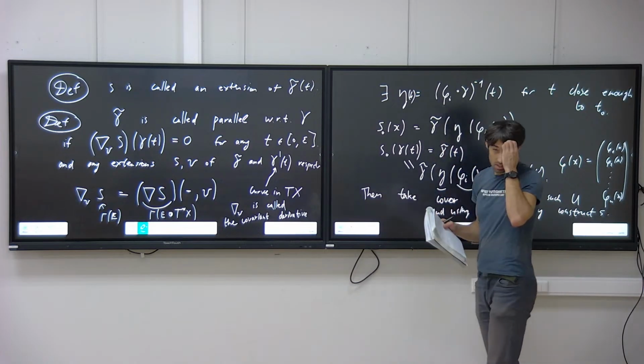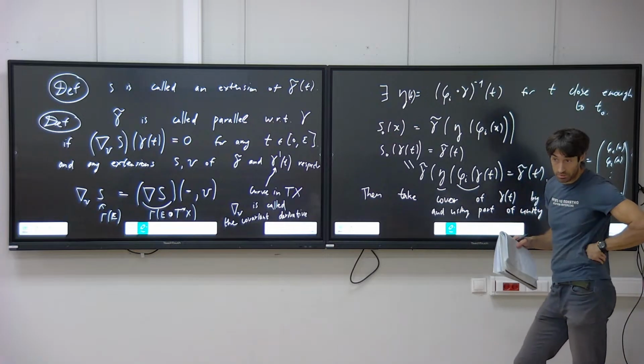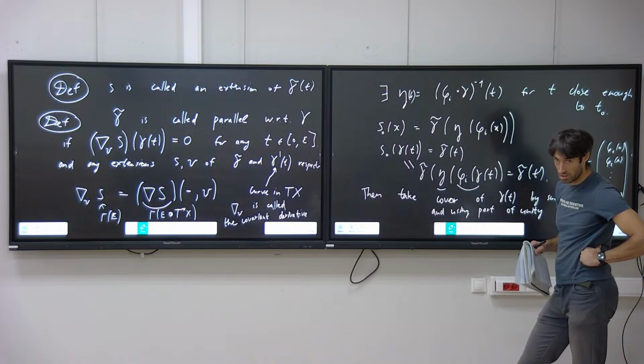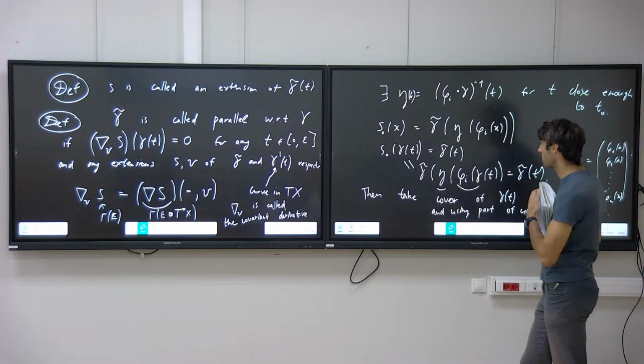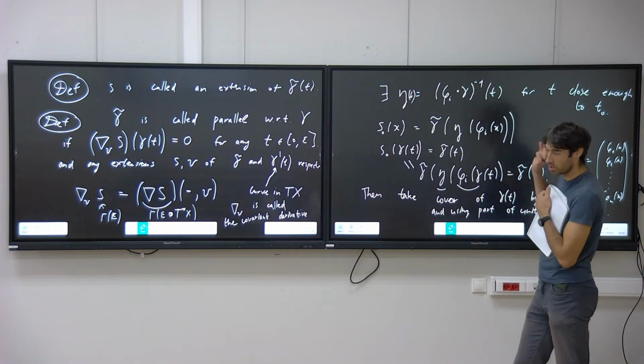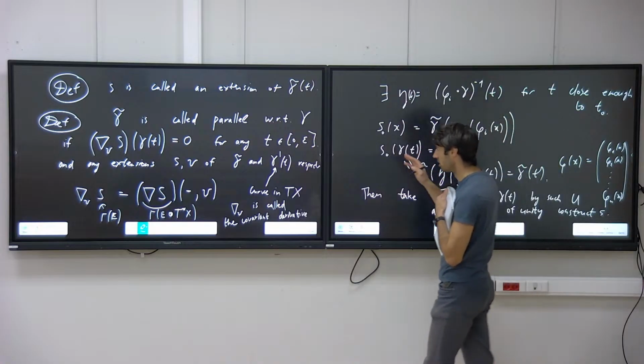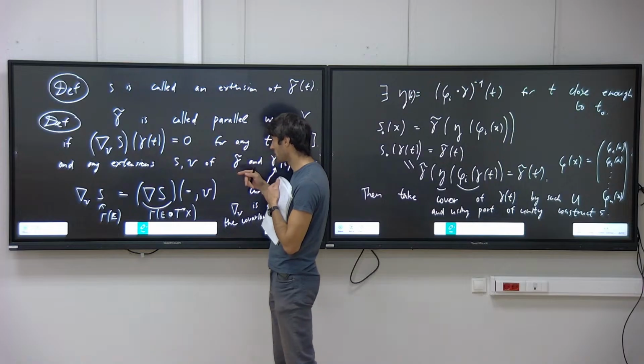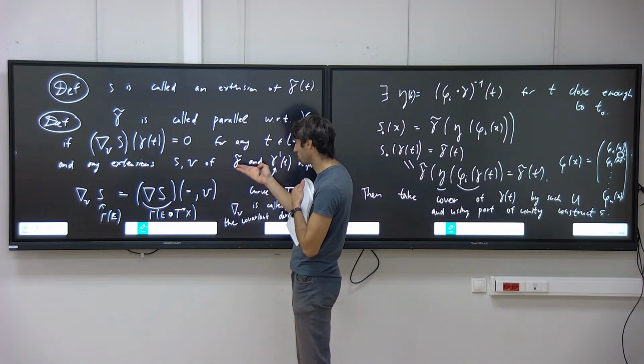Okay, any questions about this construction? Can you please again explain what it means to extend gamma prime t? So gamma prime t is a curve in Tx, and it takes a section of Tx, which is a vector field. Yes, the same construction. Before we had just any vector bundle, and you specify taking this vector bundle. So you apply this construction two times.